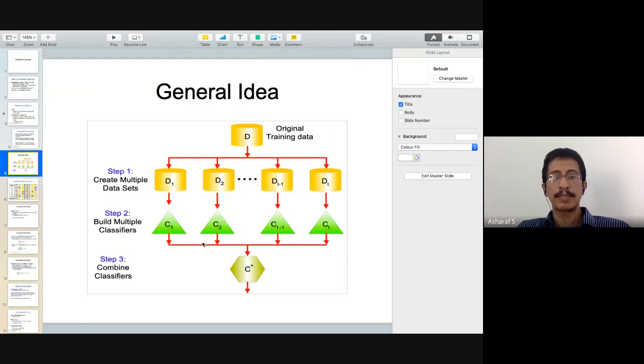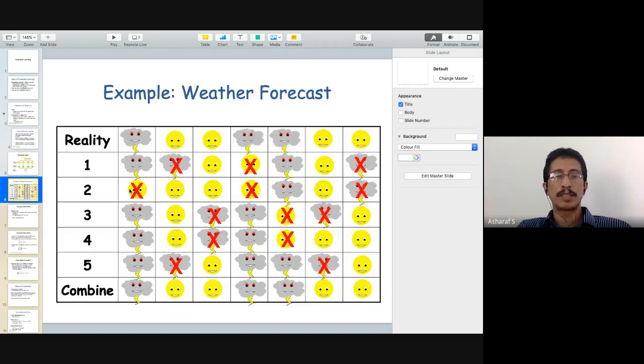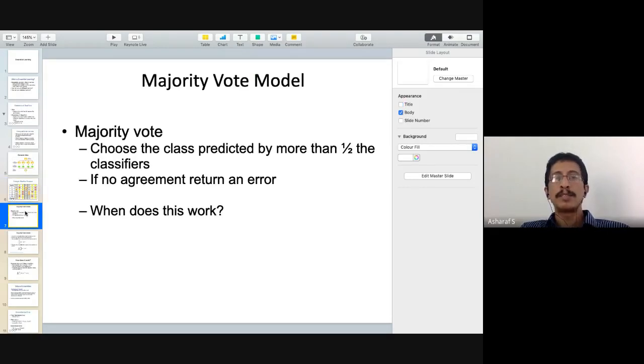There are 5 classifiers, out of which 4 say it's cloudy and 1 says it's sunny, so you decide cloudy. Likewise in other cases, the majority is sunny or cloudy. This is how you take decisions in a typical ensemble with voting. So it's a majority vote model.